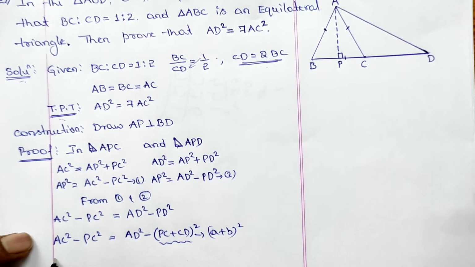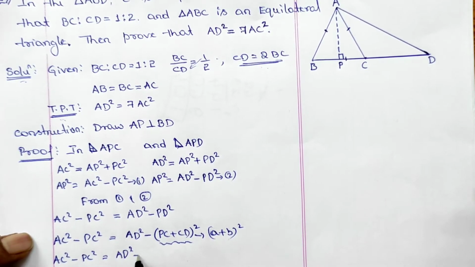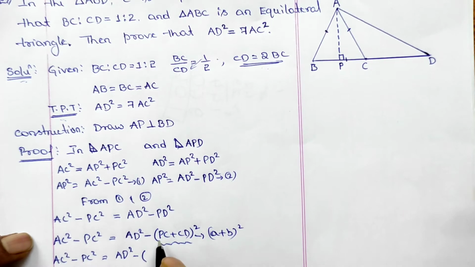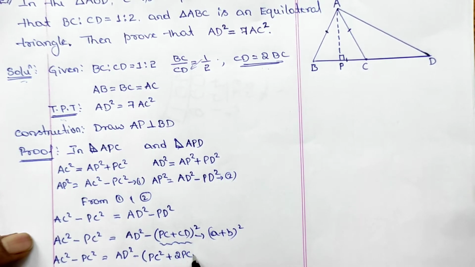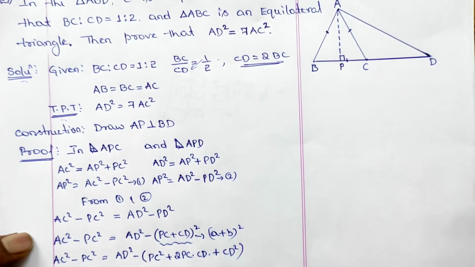The rest of the terms as it is: AC square minus PC square is equal to AD square minus, very important, minus as it is, PC square plus 2PC into CD, that is 2AB, plus CD square.